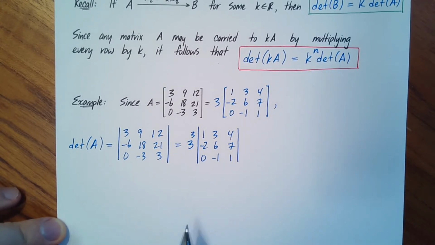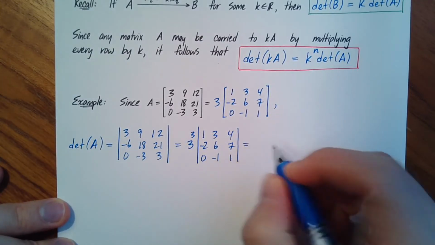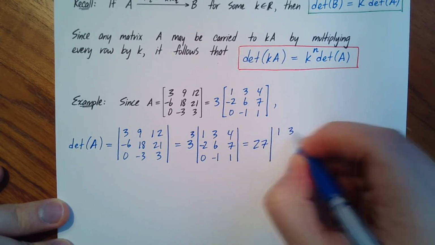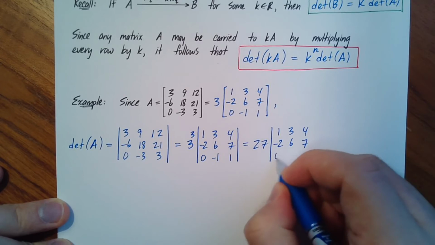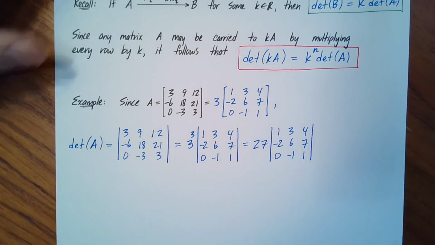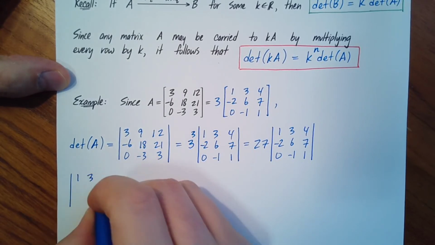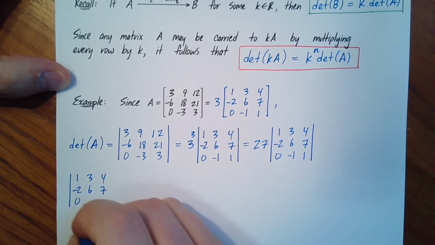So with that in mind, well, no problem. 3 to the power of 3 is 27. So you have 27 times this determinant that still needs to be worked out. So we can do that on the next line. Why don't we work this one out directly? So 1, 3, 4, negative 2, 6, 7, and 0, negative 1, 1.